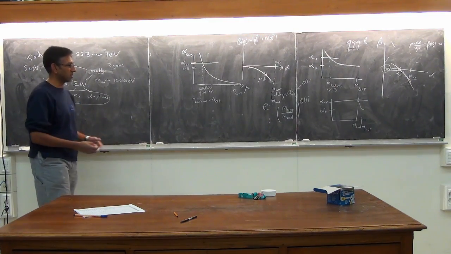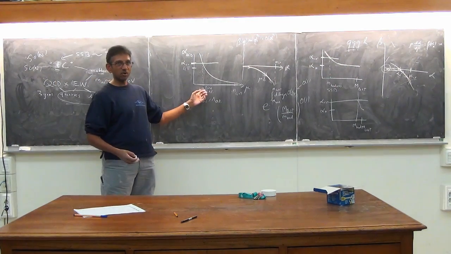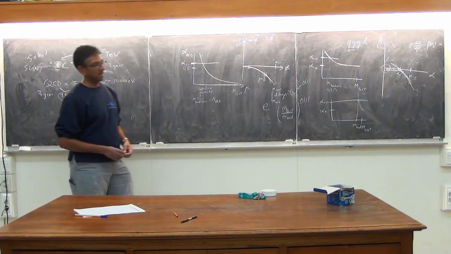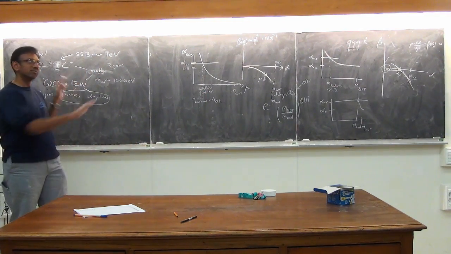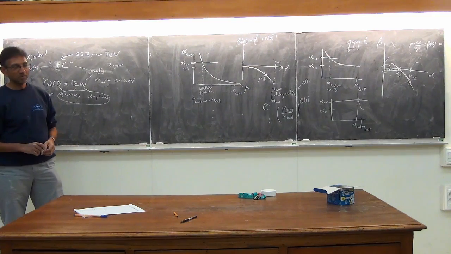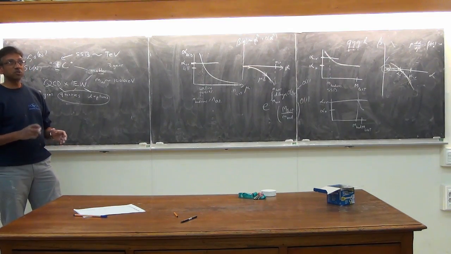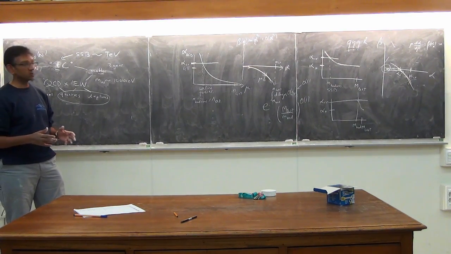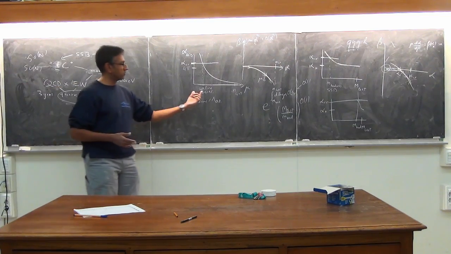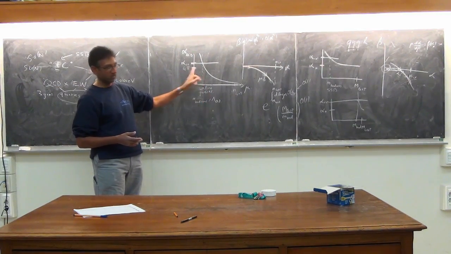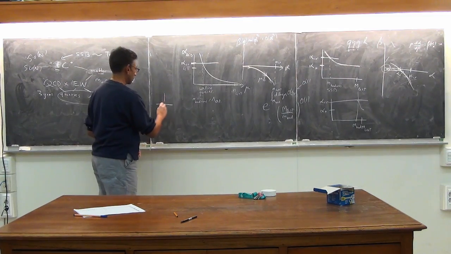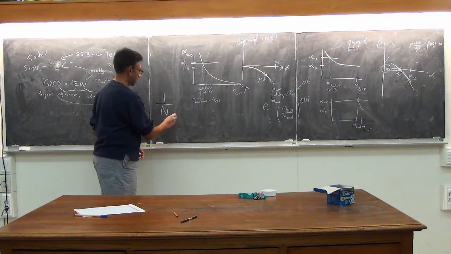QCD has a strong coupling where it matters most. You're trying to describe what happens. And in QCD, long before Technicolor, a little before Technicolor, 't Hooft already was looking for a small parameter which would be valid even though the naive coupling constant was big. And that led to the 1 over N color expansion.